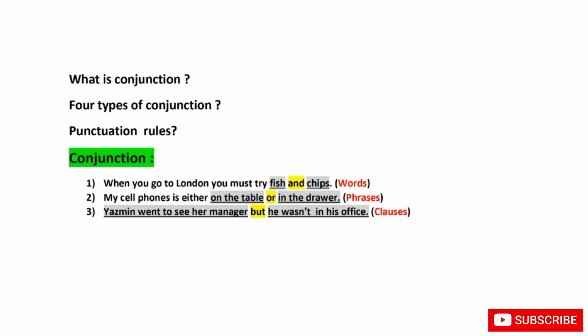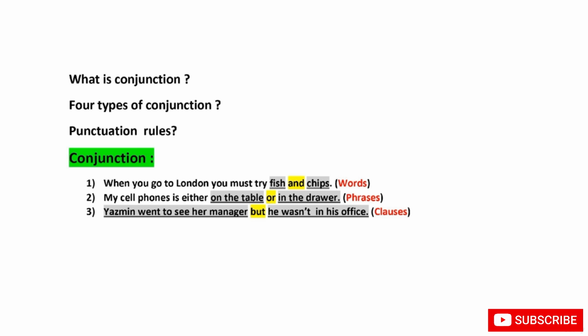In the next sentence, my cell phone is either on the table or in the drawer. The conjunction is the combination of either or, and it connects 2 phrases, on the table and in the drawer. And in number 3, can you find the conjunction? The conjunction is but, and it connects 2 clauses.